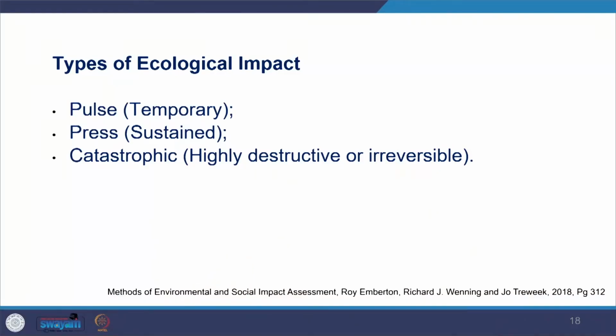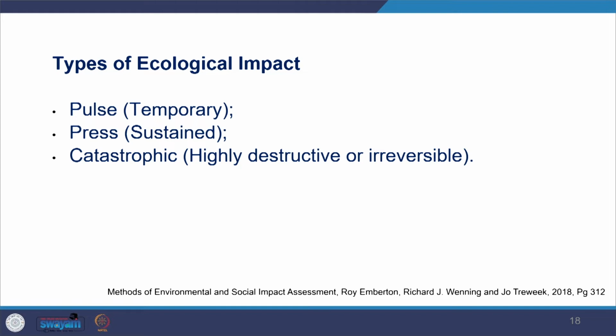Looking at the types of ecological impact, there are three types of disturbances which happen. One is said to be the pulse, meaning very temporary disturbances, and then there is a press, which is a sustained disturbance that goes on for a longer time. And then there can be catastrophic, which is something with very intensive, negative impact, which you cannot really change.